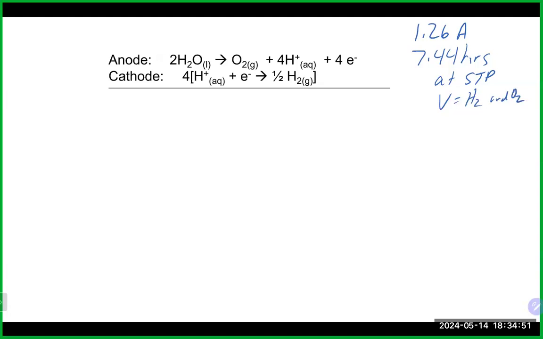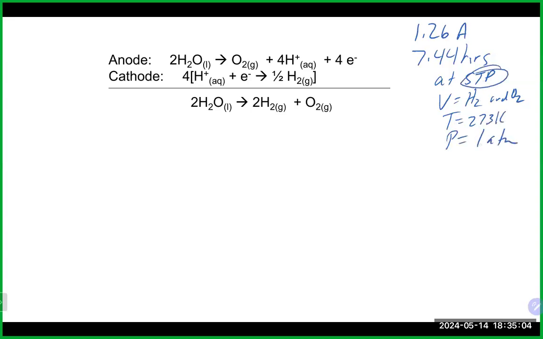By the way, STP stands for standard temperature and pressure, and those are actual values. So temperature is 273 Kelvin. Pressure is 1 atmosphere. All right, so take a few moments here, calculate the volume of both of those gases that should be generated in this particular case.